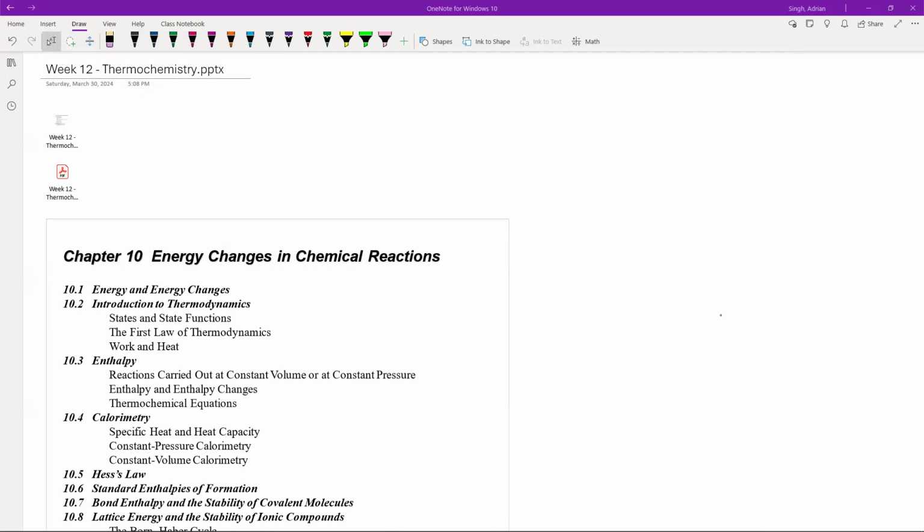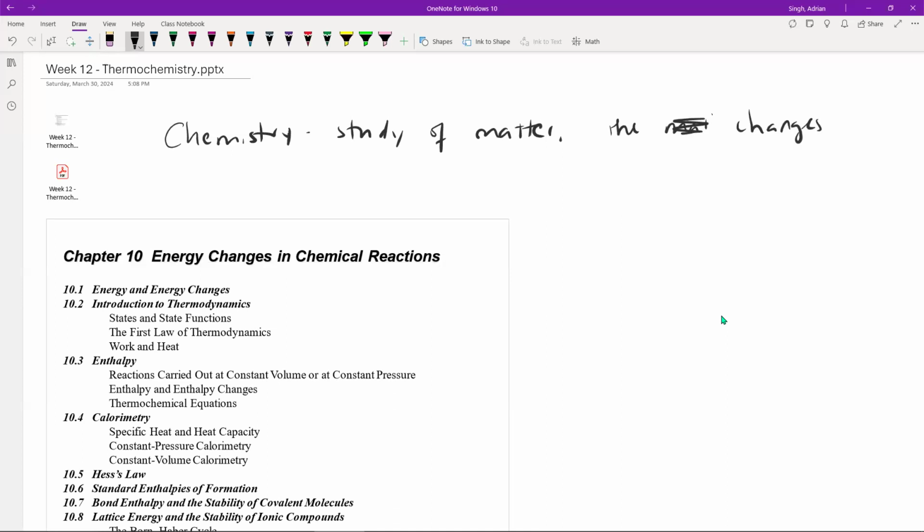So if you recall from our original definition or description of chemistry, we said that chemistry is the study of matter, the changes that matter undergoes, as well as the energy associated with those changes.